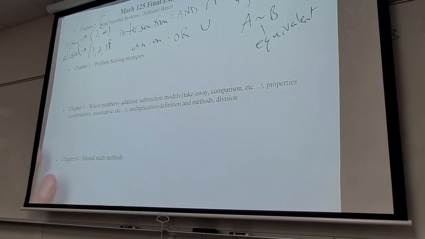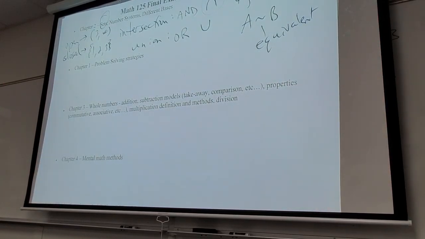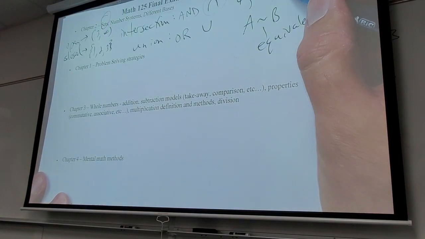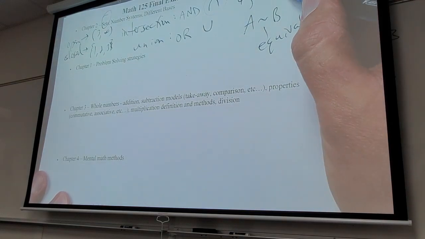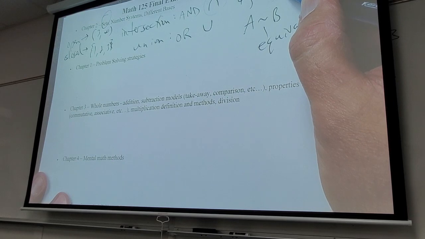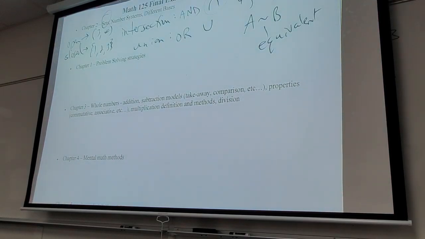We also had another symbol. By the way, I can't remember if I said this directly, because in the homework I noticed something. This relates to a single element of a set. So I could say 2 is an element of the whole numbers, right? I would never use this symbol if I'm trying to relate sets.